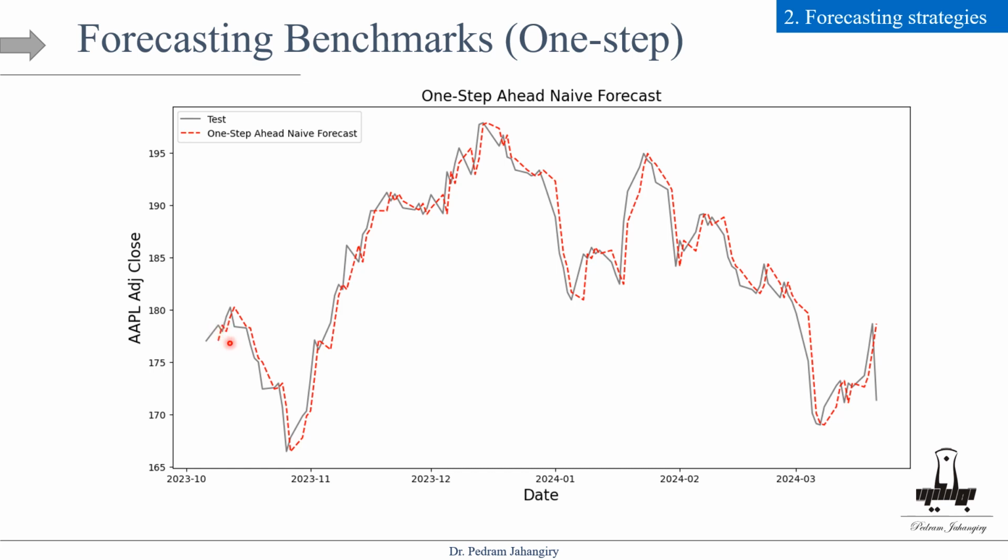Of course, actual values are going to deviate from your one-step-ahead naive forecaster. This is a fact, because if you look at the mean absolute percentage error over the entire test set, it's a positive number. It means that on average, your model is making 2%, 3% errors. So those errors simply mean that, obviously, if you simply run a naive trading strategy, you're going to lose money no matter what. One simple trading strategy can be like this.